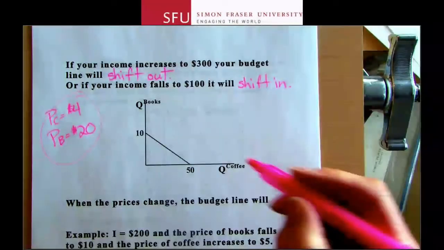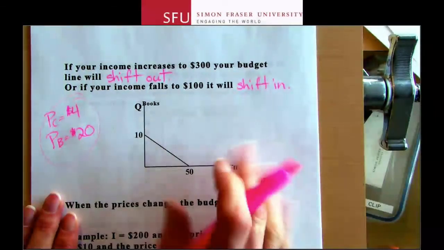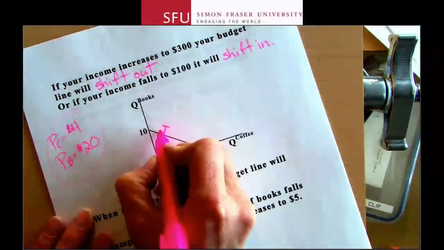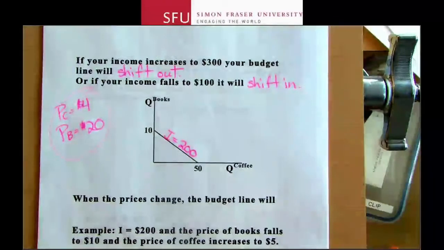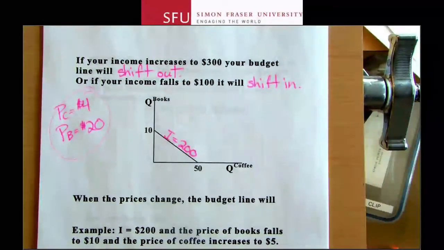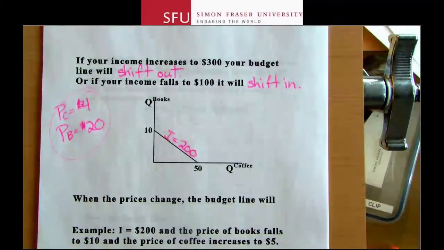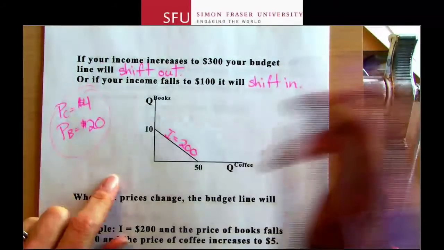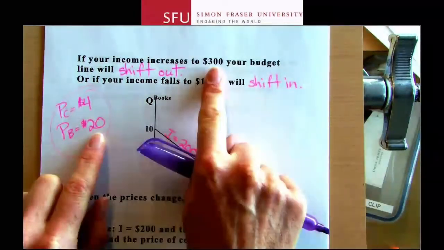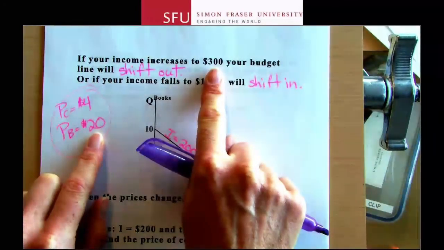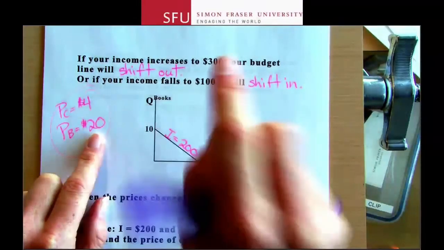The line that you have already in your graph is for an income of 200. So now let's see what it would be with 300. If you had $300, the intercept for books, the maximum number of books you could get, would be 15.